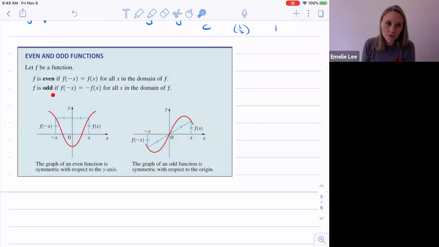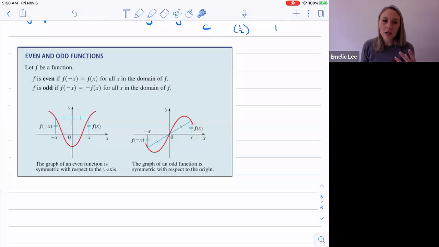F is an odd function if you apply negative x inside the whole function, so you replace all your x's with negative x, and you're able to manipulate it to look like negative f of x. An even function has symmetry around the y-axis, whereas an odd function is symmetric with respect to the origin, which is a little bit weird.